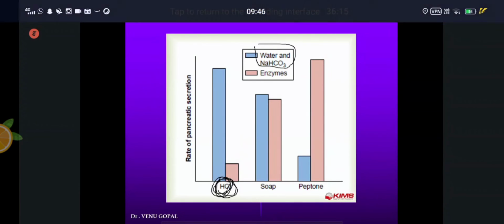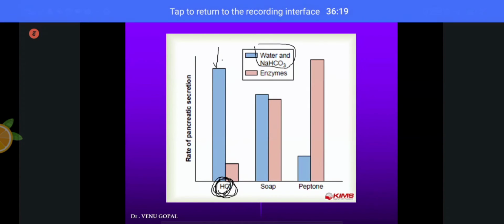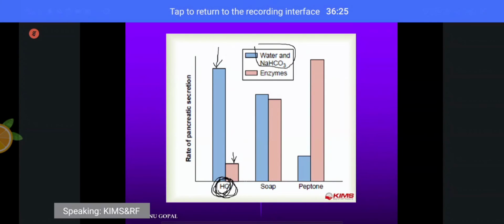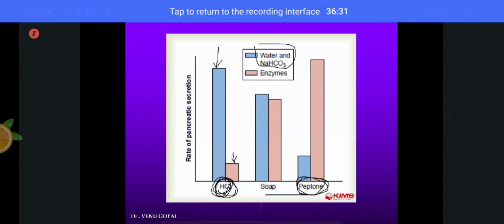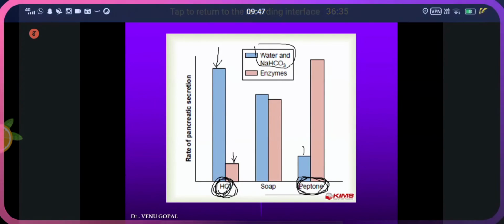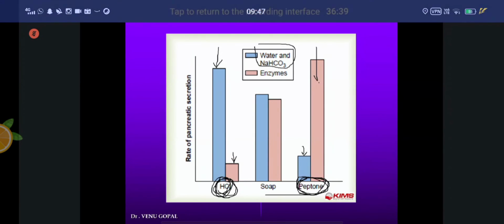In response to the presence of HCl, more and more water and bicarbonate is released when compared to the very little enzyme part that is released. Then take the opposite situation, where you place only proteins and peptones in the duodenum. Then you can see the reversal. Minimal amount of bicarbonate is released and maximal amount of enzymes in response to peptones.